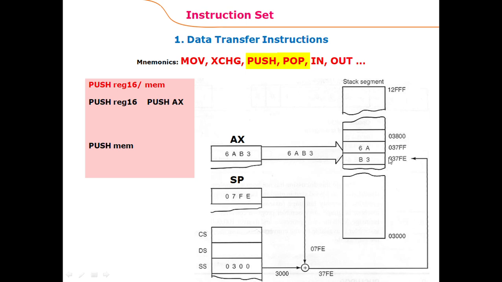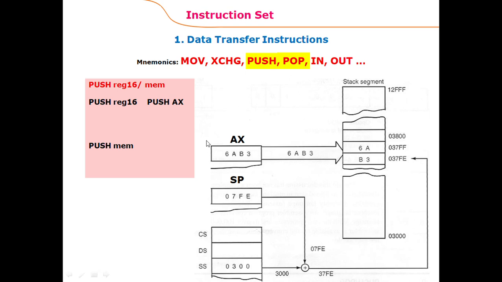Currently the stack pointer points to this location, and the register content 6AB3 has been written over to the two memory locations. B3 is written to the lower memory address, and the higher byte is written to the higher memory address, and this pattern is called Little Endian format.